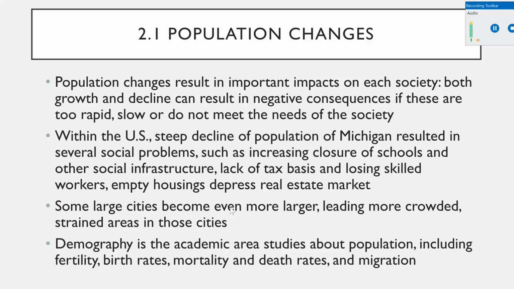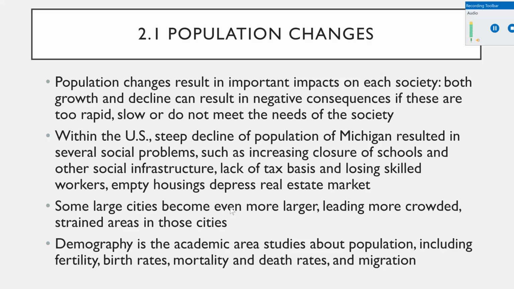If change is very rapid or too slow, it may be very serious, because if we have too rapid a population growth rate, we may not be able to meet the needs of the large number of people.